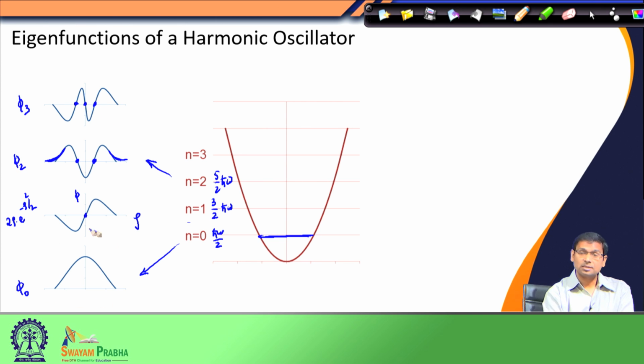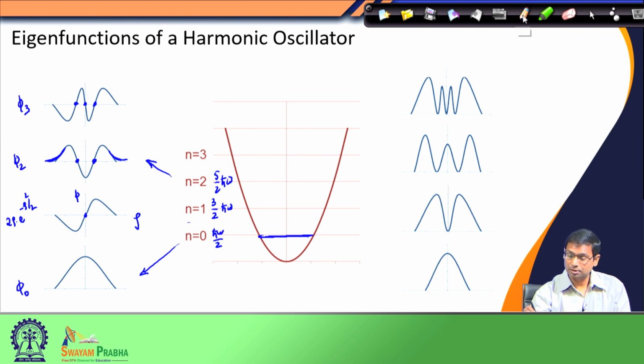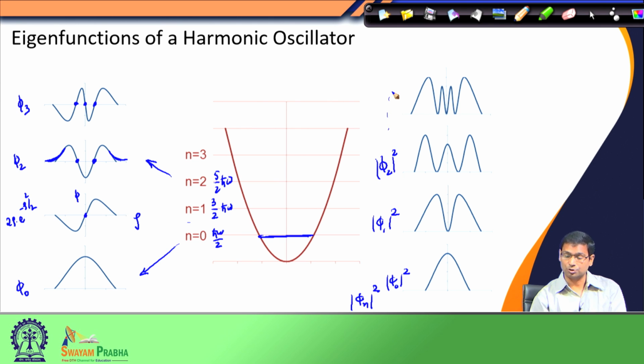When these are the wave functions, I can now show you phi n square. So, this is phi 0 square, phi 1 square, phi 2 square, and so on and so forth.